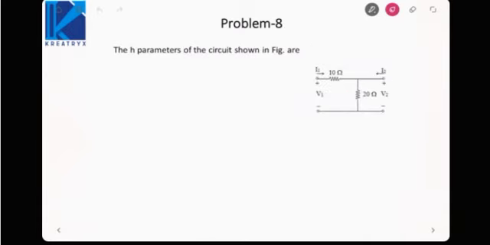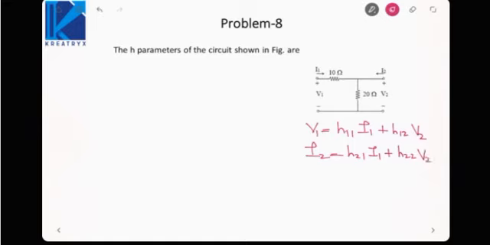In the next problem, it is asking for the hybrid parameters for the circuit shown. What is the relationship for hybrid parameters? V1 is equal to H11 I1 plus H12 V2. I2 is equal to H21 I1 plus H22 V2.